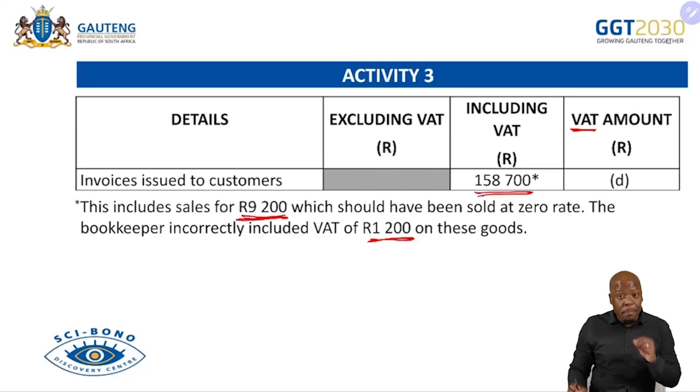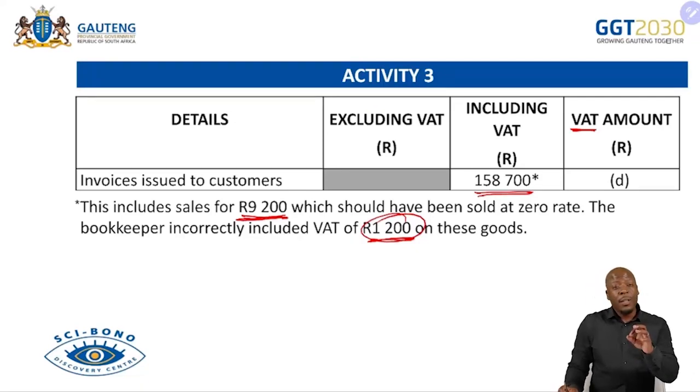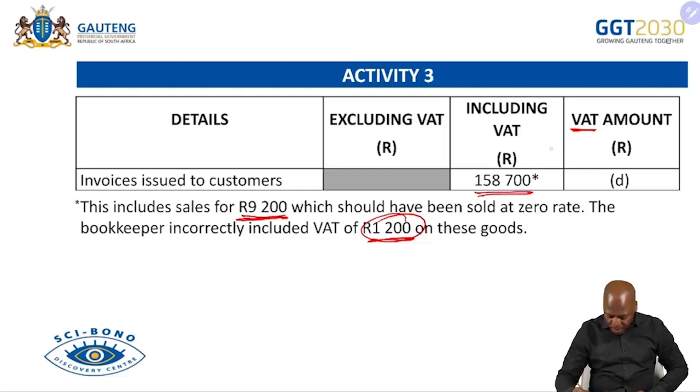In that 9.2, there is 1,200 of VAT on zero rated goods. There are chances that you might make a mistake here, so you need to be very careful. The amount that we are given, let's start first there: the inclusive VAT, which is 158.7.